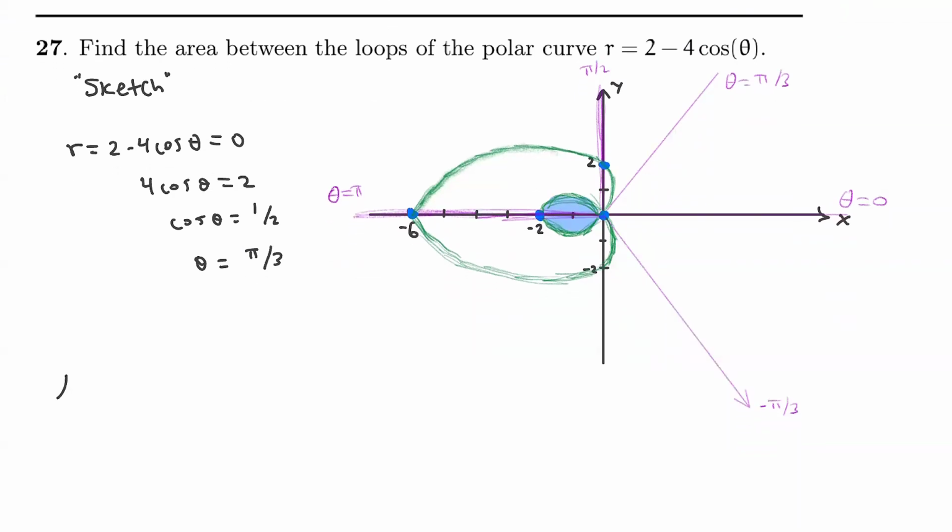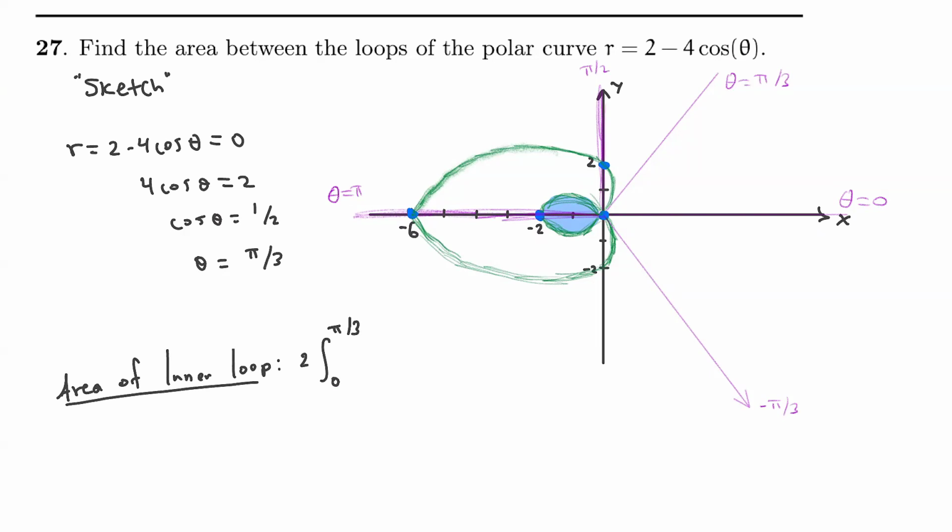So area of inner loop. Say we are doing the integral. This will be the integral from where to where though? Yeah, see, we can do the integral from 0 to pi over 3. So I'm going to put 2 times the integral from 0 to pi over 3.